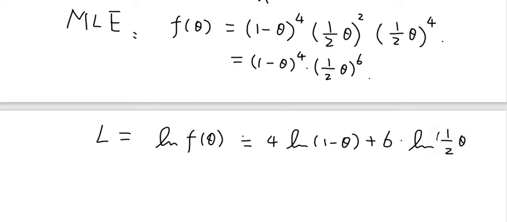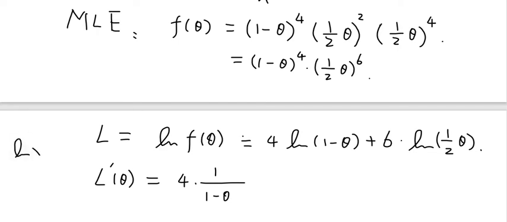Okay, so we just let the derivative equal 0. We regard this as a function of theta. So this equals 4 times, remember the derivative of log x equals 1 over x, right? Okay, so we use this. And here the 1 minus theta also needs to be multiplied, the derivative of the inside.